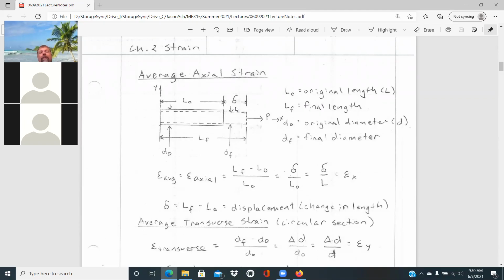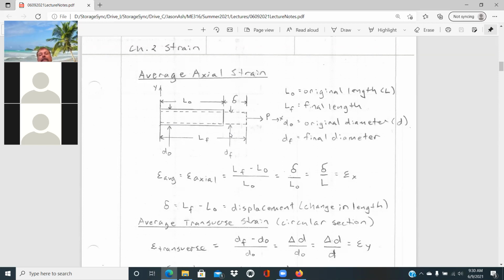We have also a change in cross-sectional diameter and cross-sectional area. So if you pull on something and it stretches, it's generally going to go from a larger diameter D0 down to a smaller diameter D final.